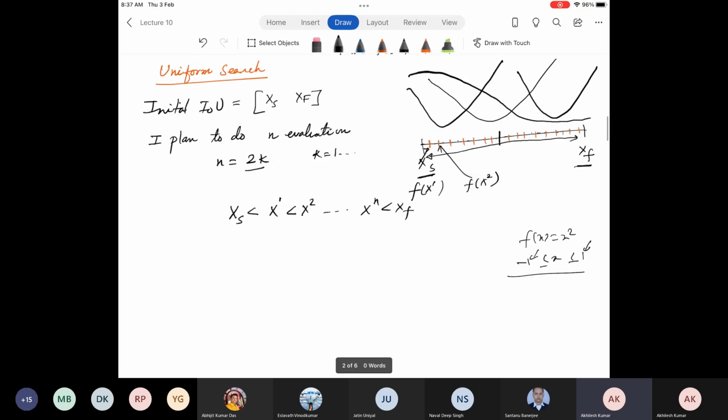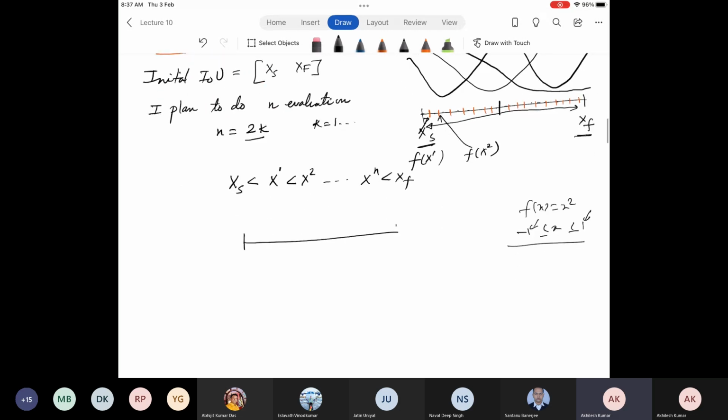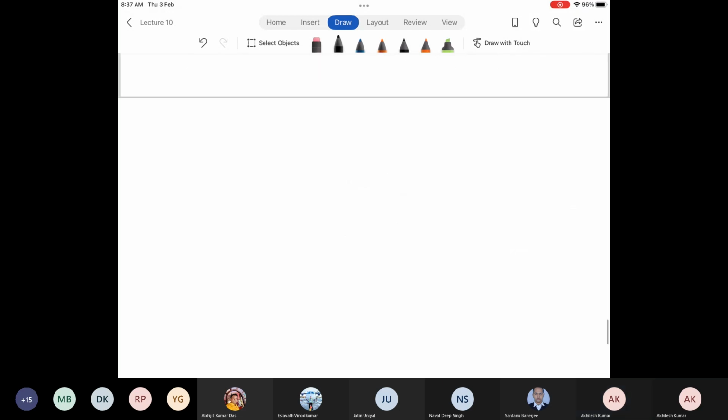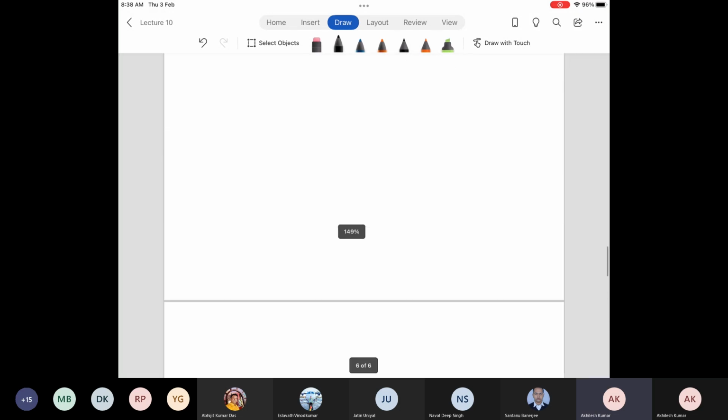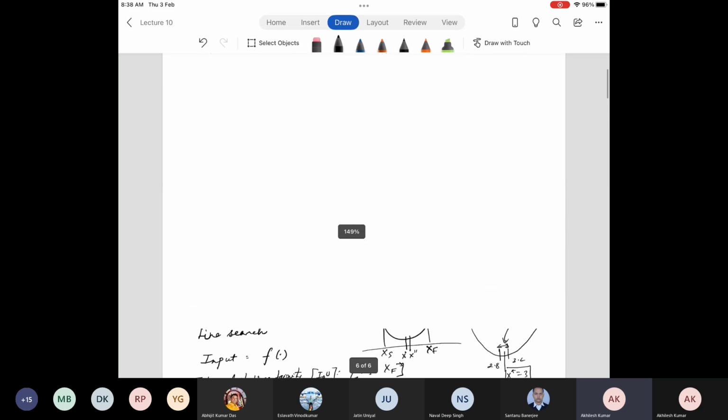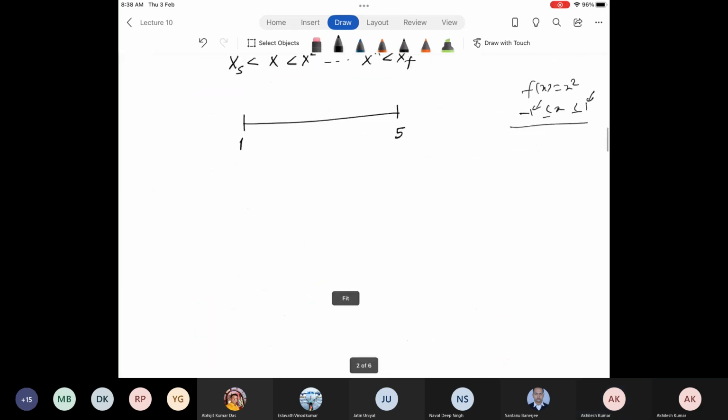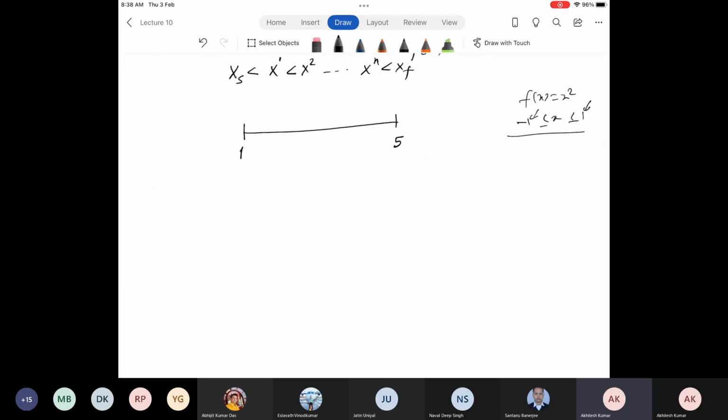Now to explain this, suppose I have given you a function which is defined between 1 and 5. Suppose I have said n equals 2k.